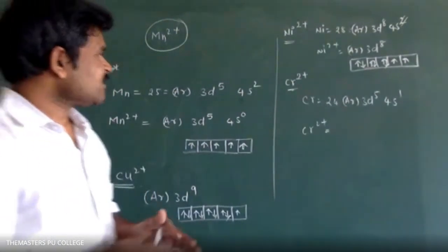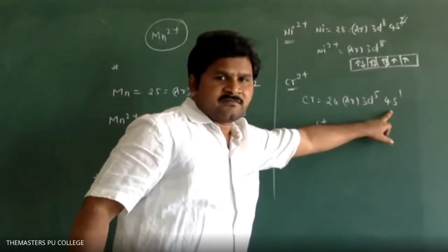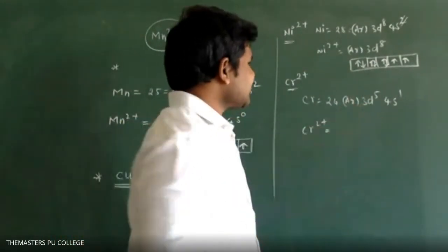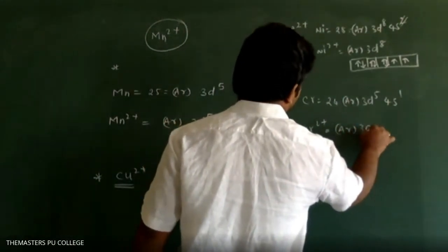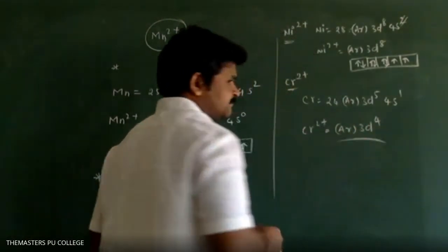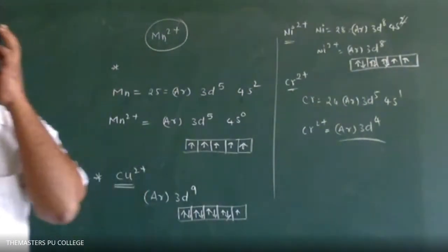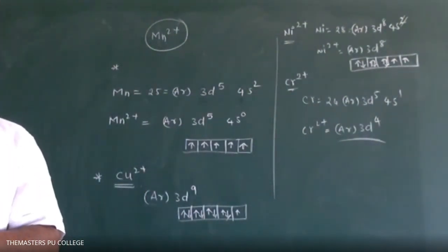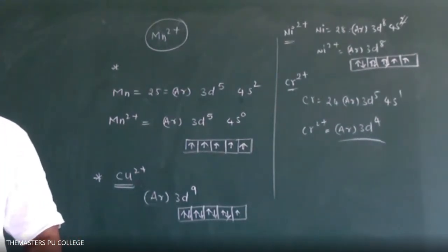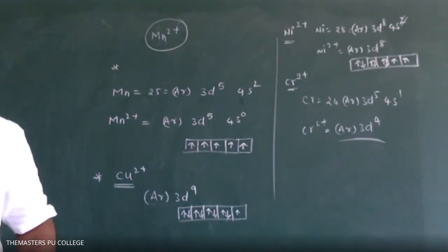One electron from 4s first. Next, 1 electron from 3d. So that's why argon 3d4 remains. Still, 3d4 only.